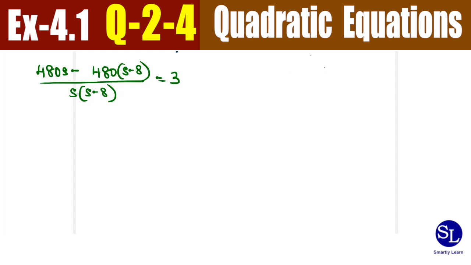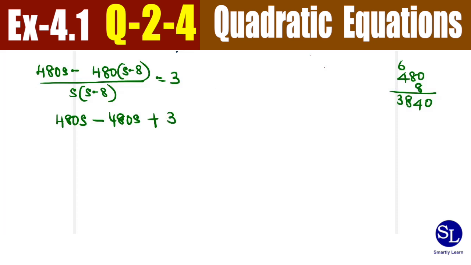Now let us try to simplify and then we will see how to proceed further. So this is going to be 480 s minus 480 into s is another 480 s, minus into minus is plus. Let's calculate what is 480 into 8. So this is 0, 8 8s are 64, 6, 8 4s are 32, plus 6 is 38.